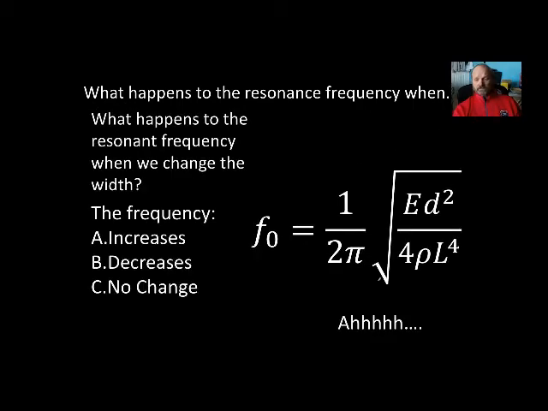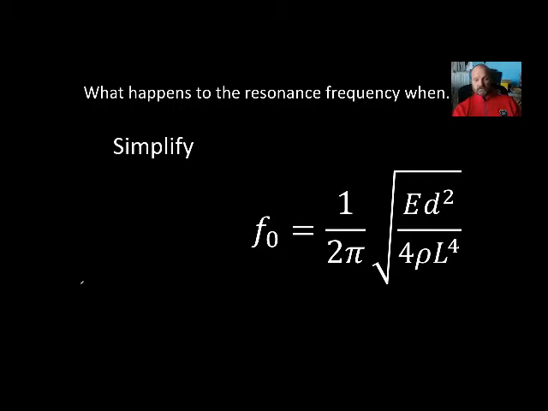Okay, so we do the simplification and we get something that looks like this. And now what happens when we change the width? Well, there is no W in the equation, so there is no change. Again, we can simplify some more.